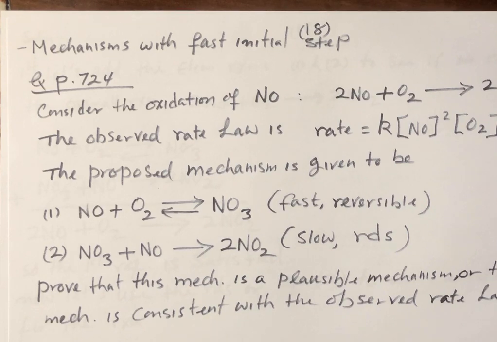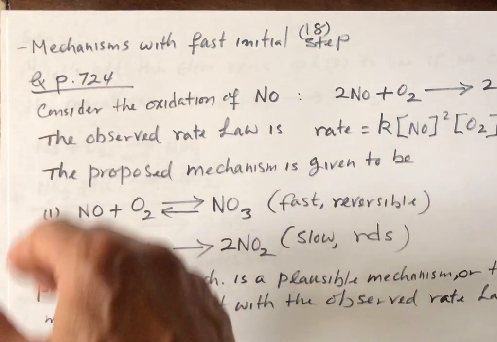That is one of the examples worked out in the book, page 724. I don't believe this is a sample problem. It's in the body of the text, not a separate sample exercise.